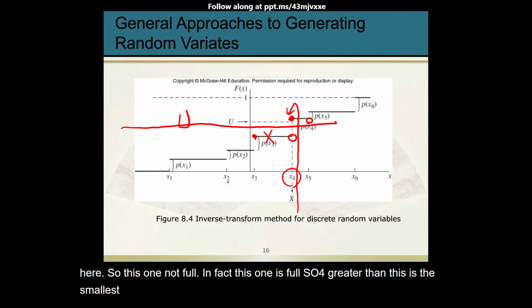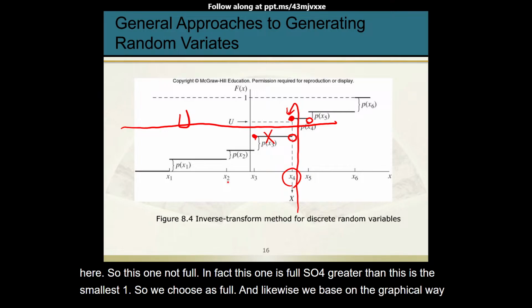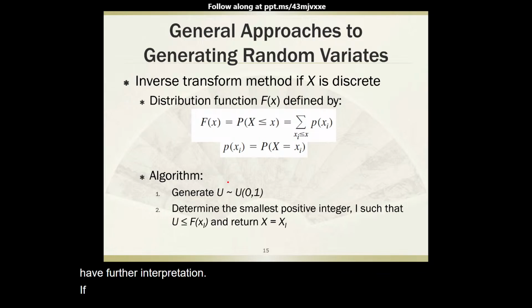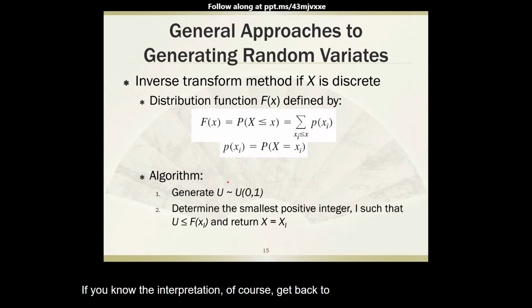So we choose X4. And likewise, we pass on the graphical way to have the point, even if it's discrete, rather than the continuous one. So we can have the interpretation. If you know the interpretation, of course, get back to this. Yes, it's true. Find the smallest one.